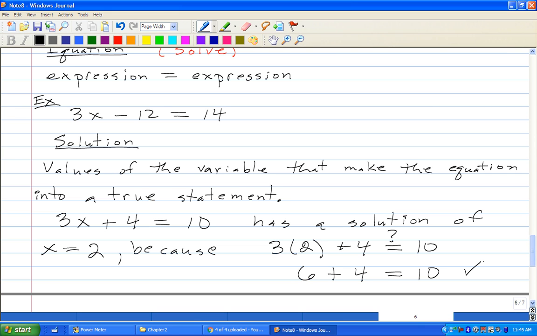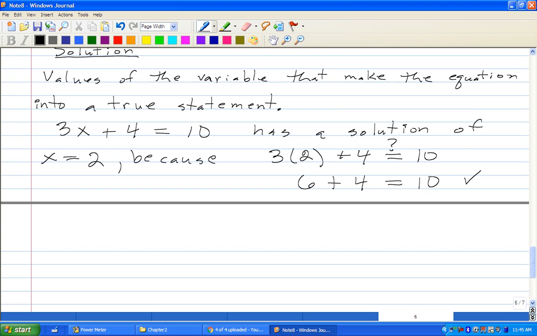And this is a true statement. And so when I substitute into my equation that particular value, the variable, I have that now this equation is a true statement.